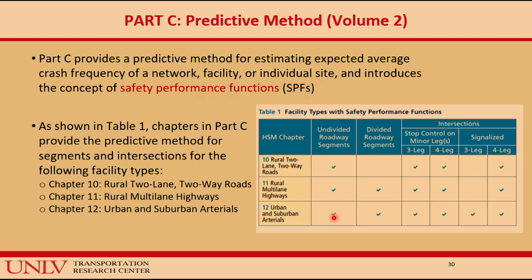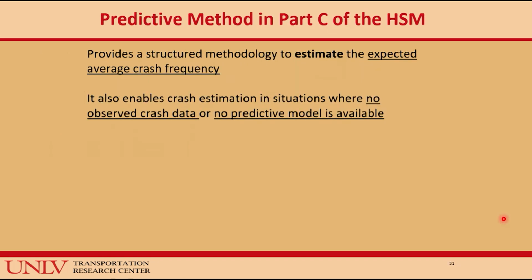So you have all of it. It could be undivided, it could be divided, and you have stop control or signal control, 3 or 4 approaches. So this is the framework. When you look at the tables in part C of the Highway Safety Manual, these are the ones that you need to look at as appropriate.